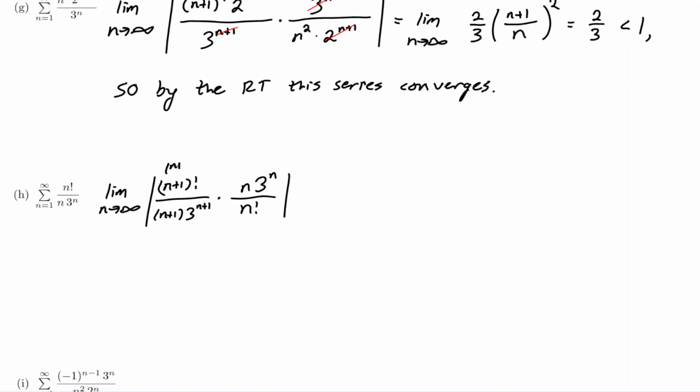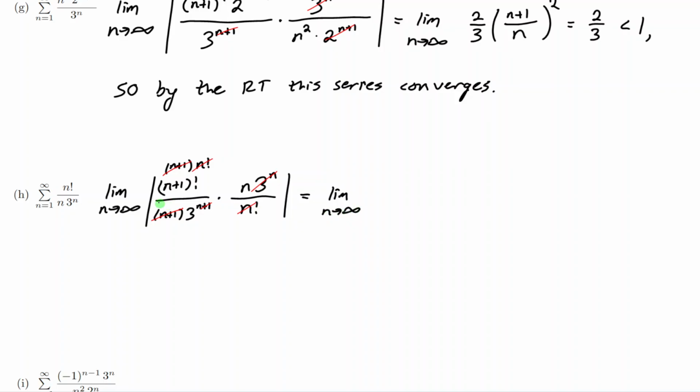Again, this n plus 1 factorial I'm going to write as n plus 1 times n factorial, and we'll get a cancellation there, and I can go ahead and cancel this n plus 1. With that, these will cancel out. So we're left with just the n up here. And then we're going to have our 3 to the n canceling with most of these, which means that overall this is going to look like the limit as n goes to infinity.